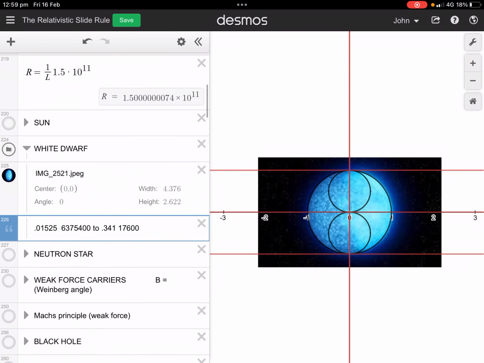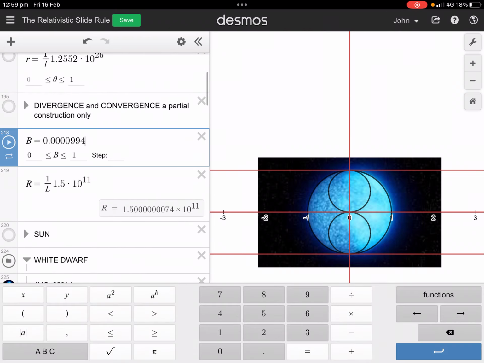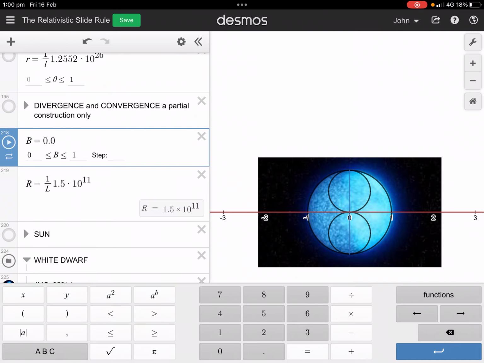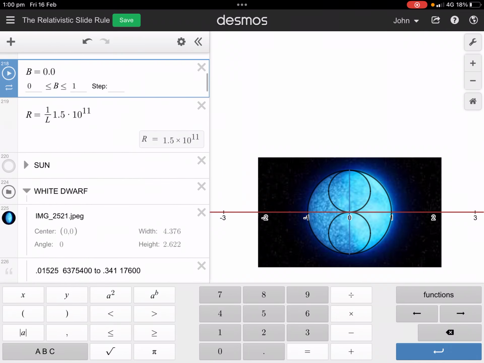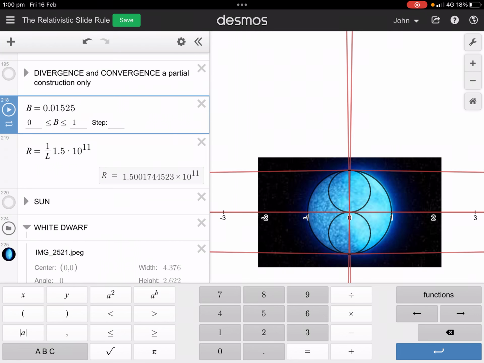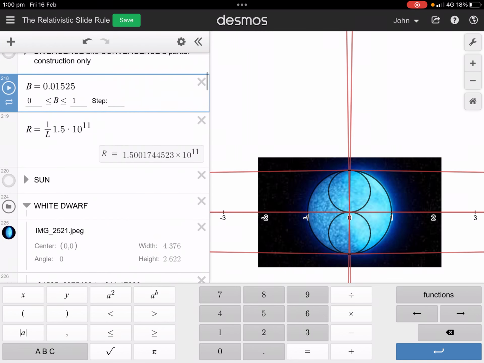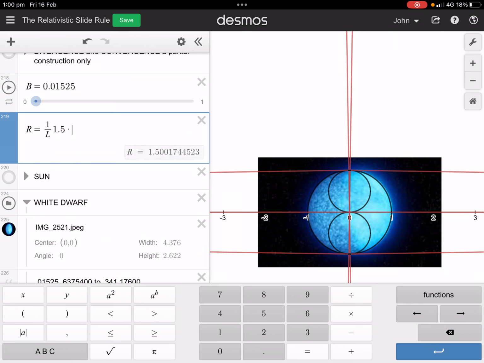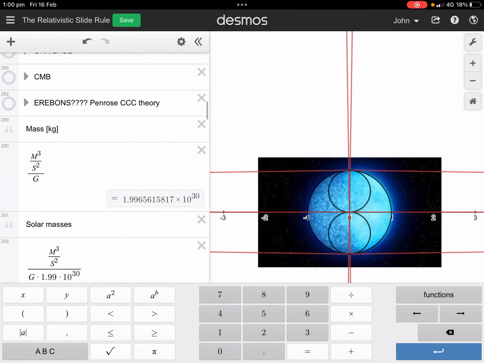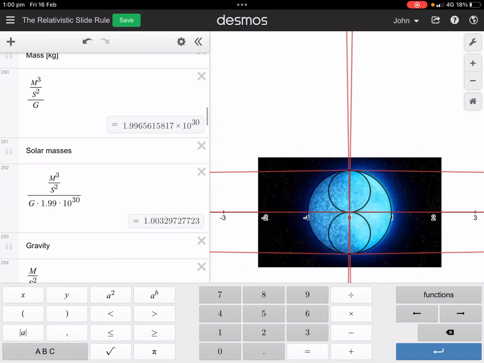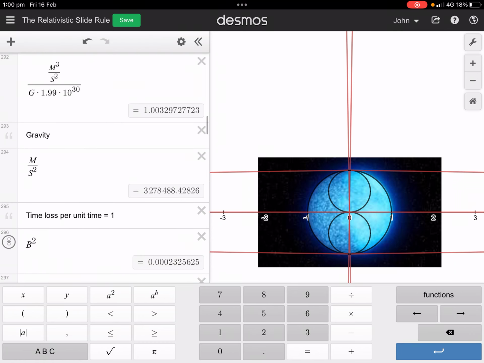But anyway, let's start with a low B value, which is 0.01525, and with a radius of about the same as the Earth. So this is a white dwarf. It's going to have the mass of the Sun, but it's only got the radius of the Earth. So it's one solar mass.